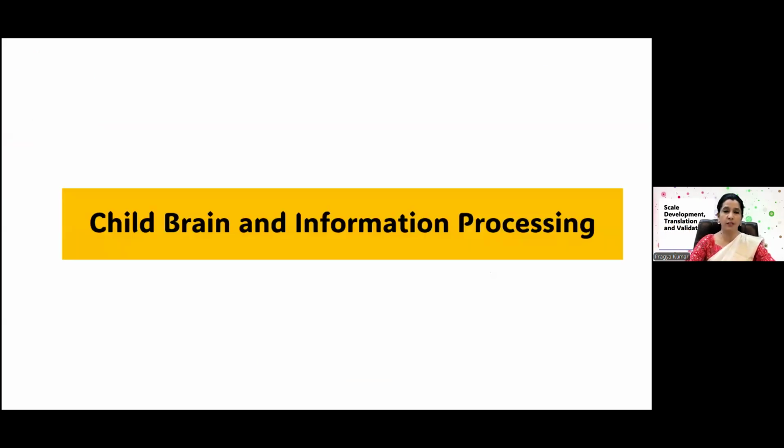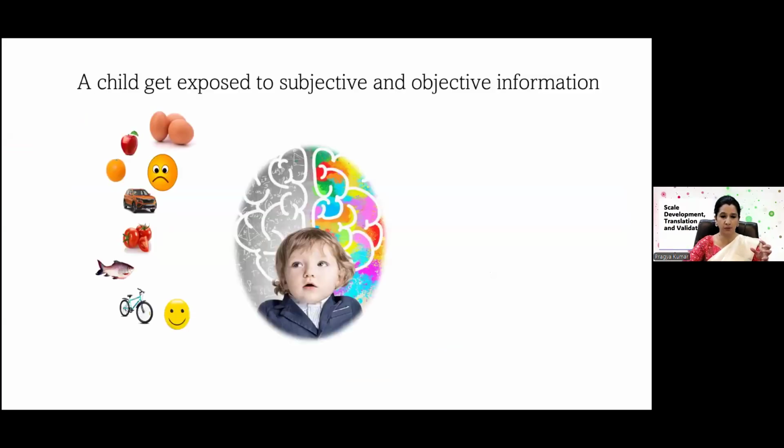Now, coming to how we process information. Starting from a child, when the child is small, how does he process information? A child gets exposed to a lot of subjective and objective information. In everyday life, he sees something and asks his parents, what is this? What is this? And you keep telling the name of each of the articles or objects around that child.